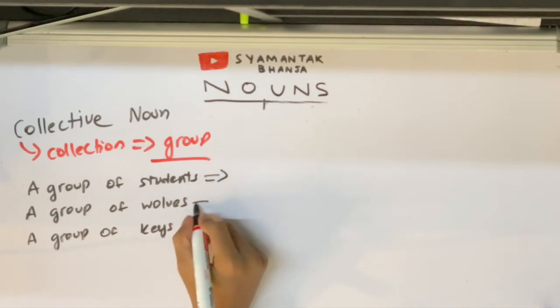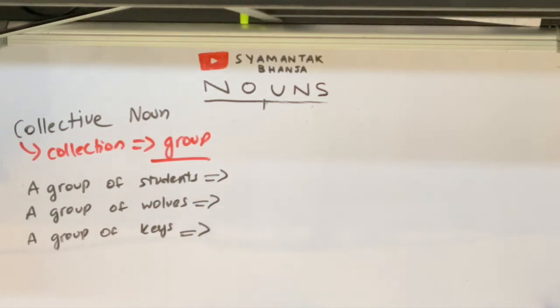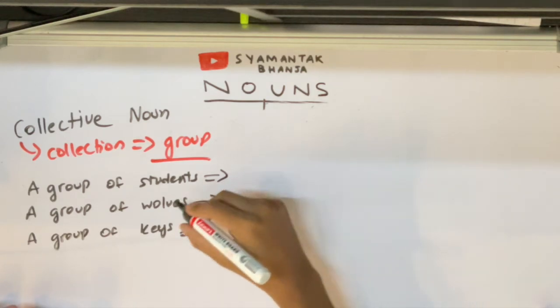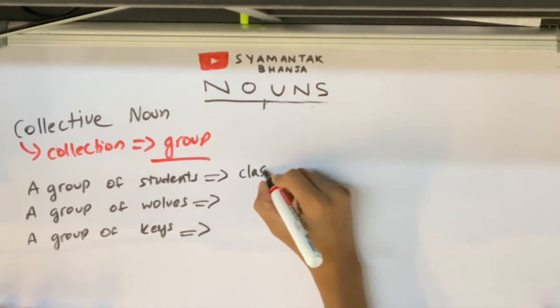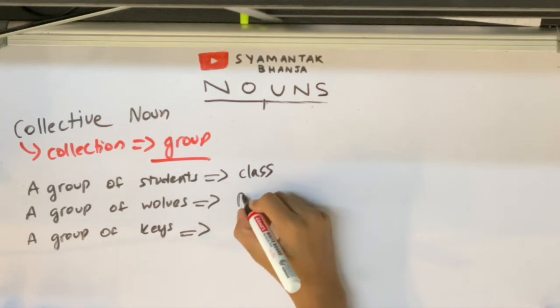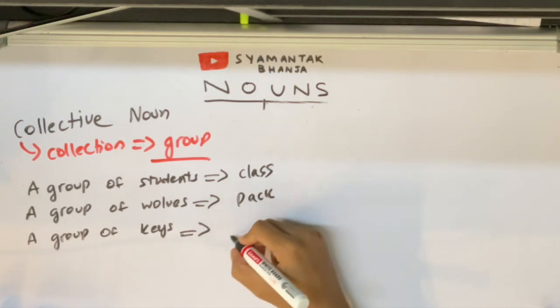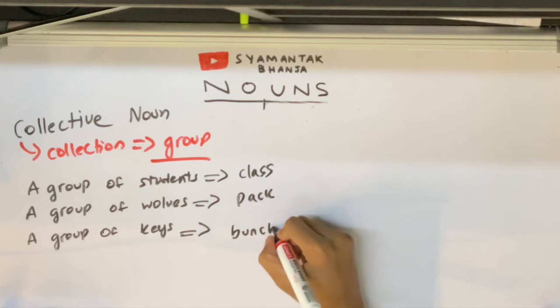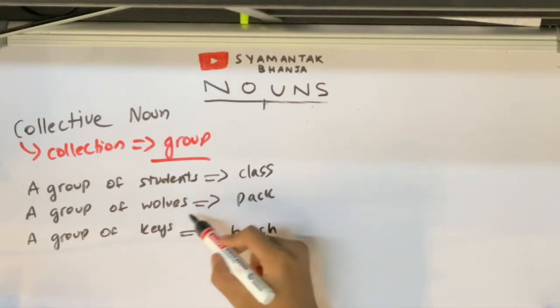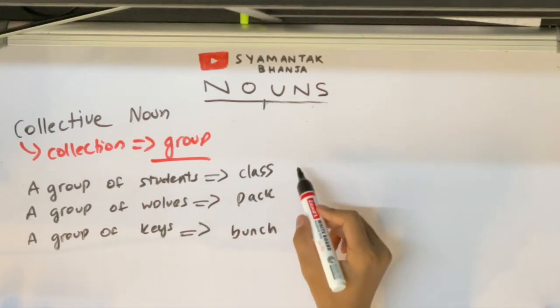All of these have a certain specific name, and for a group of students it's called a class. For a group of wolves it's called a pack, and for a group of keys it's called a bunch. So it would be a bunch of keys, a pack of wolves, class of students.